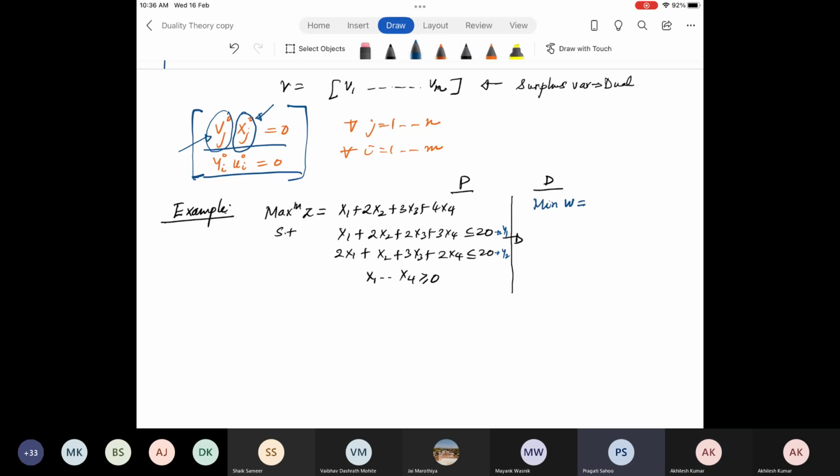Minimize W equals to, for dual, 20y1 plus 20y2. Good. Now let's write one by one the constraints. Tell me the first constraint.